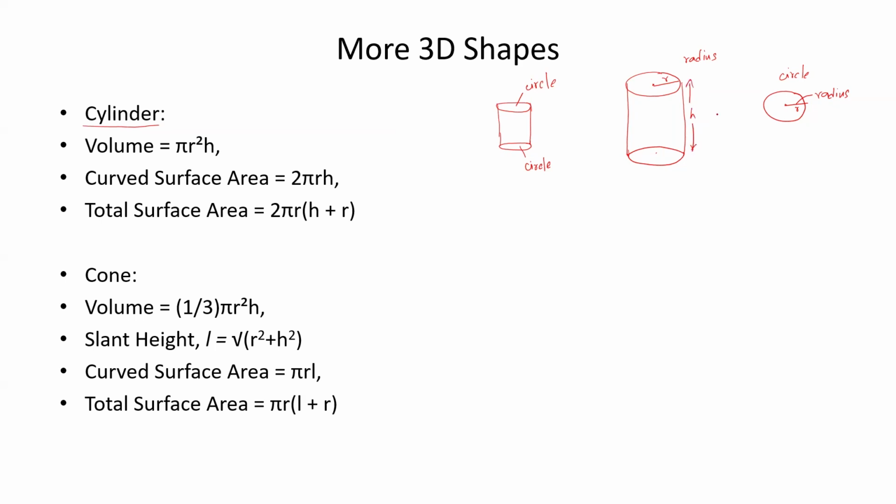That is the height of the cylinder. So R is the radius of the cylinder, H is the height of the cylinder.